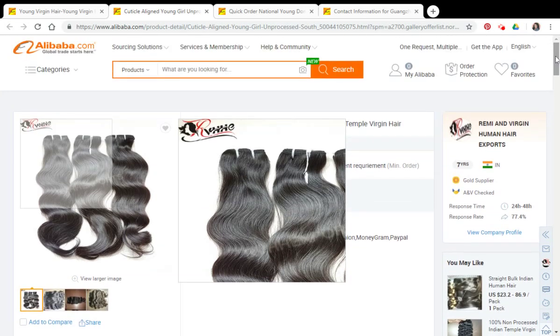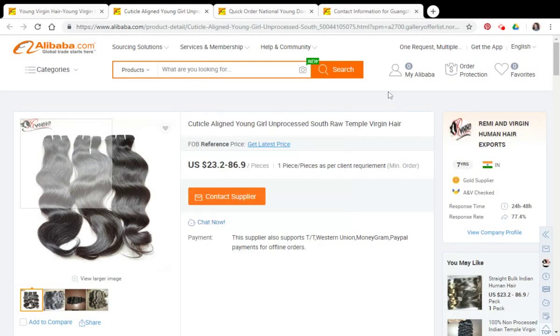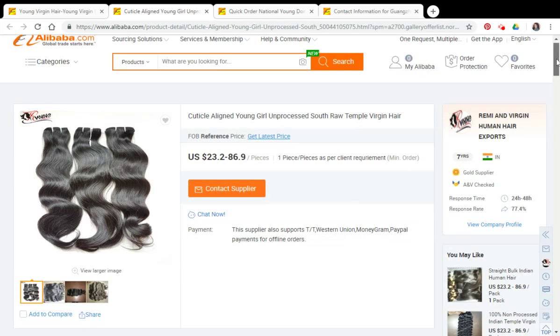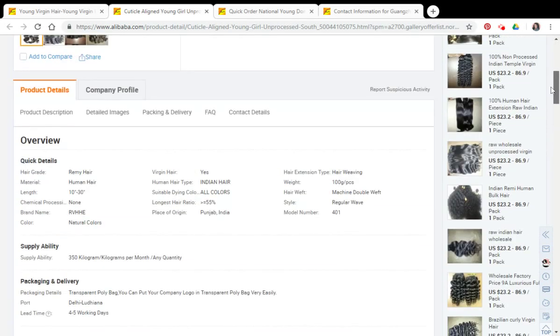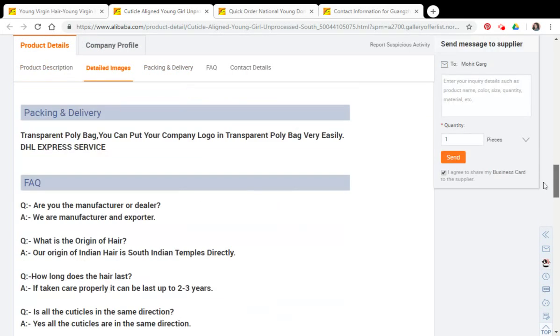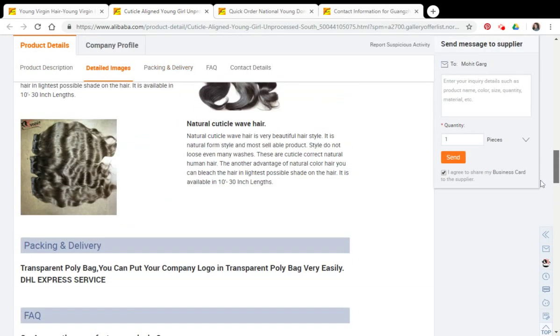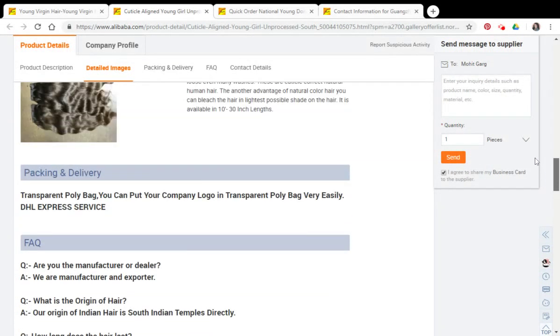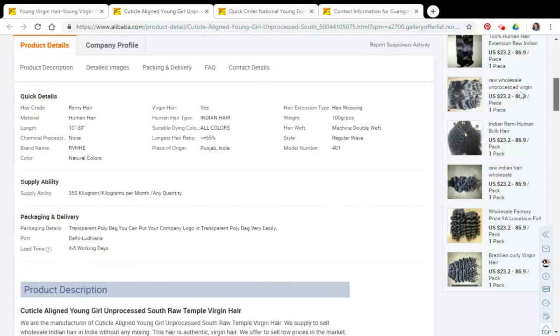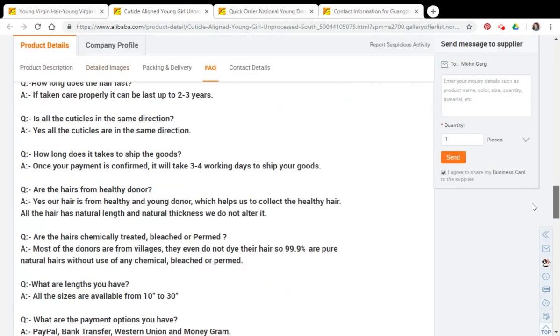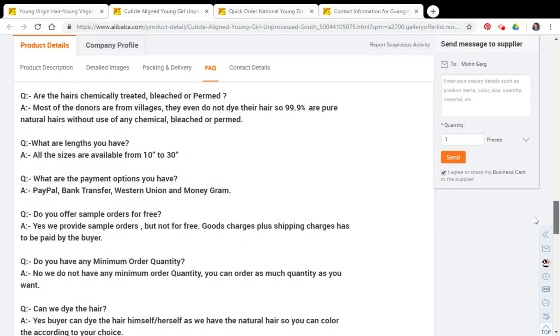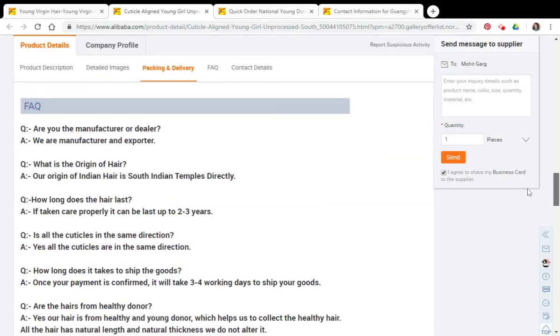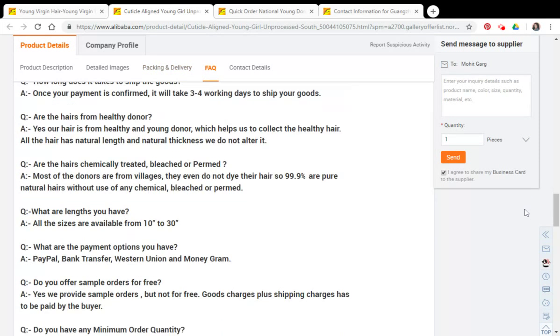But when you source Indian vendors, you also want to make sure that the hair, this is South Indian raw temple virgin hair, what have you, you want to make sure that the photos are consistent. Okay, you want to make sure that they're consistent. Okay. So it's the same process. All right. Except the 4-part name. This will not have that 4-part name.